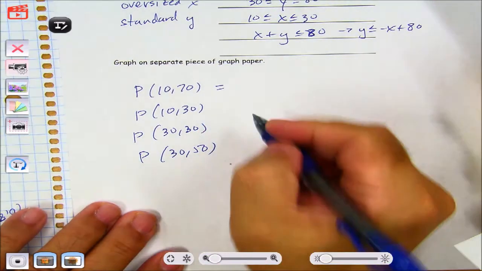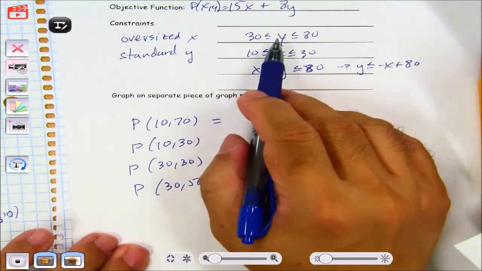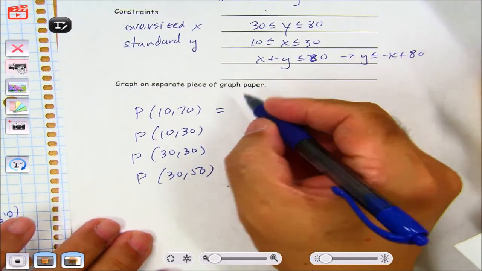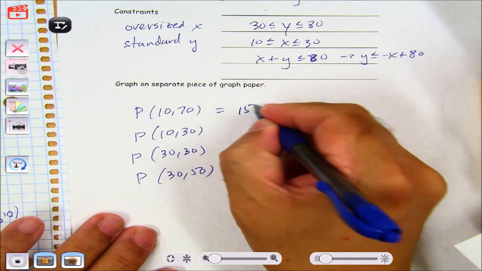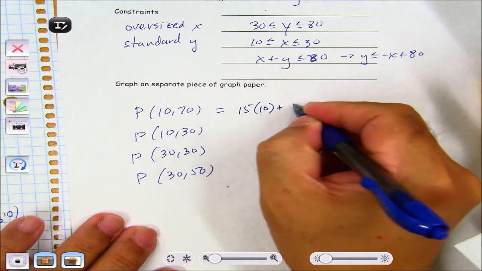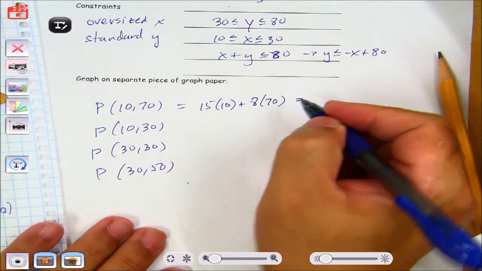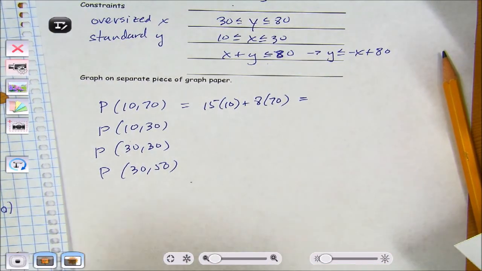So what does 10, 70 look like? The function was 15x plus 8y. So that's 15 times 10 plus 8 times 70. So that is what? 710?